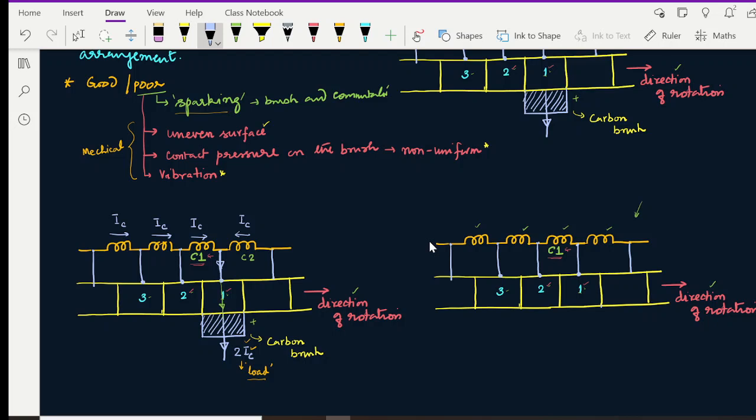In this picture, let me call this figure 1. In figure 1, the commutator segment 1 is completely occupied by the brush. That means the assumption here is the width of the brush is equal to the width of the commutator segment. So it is completely occupied.